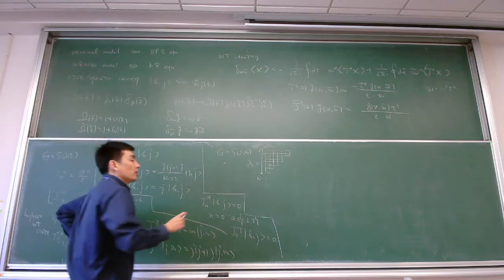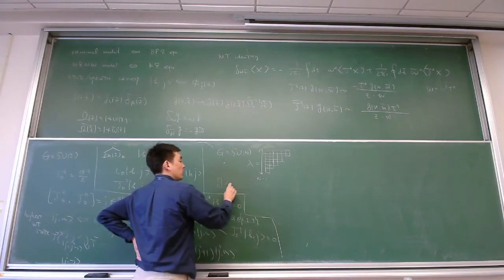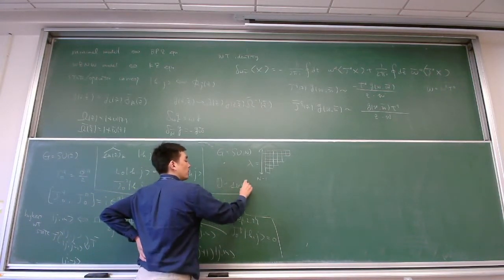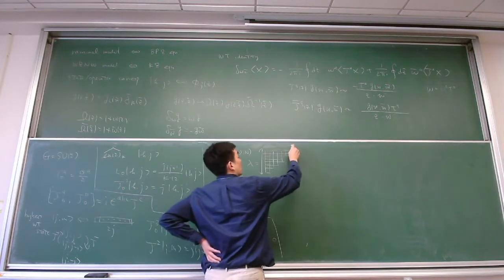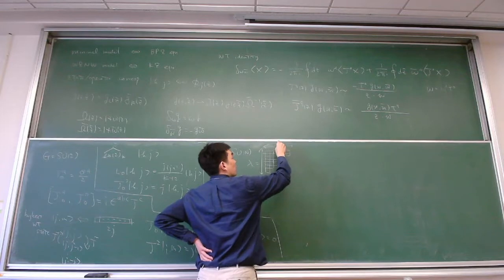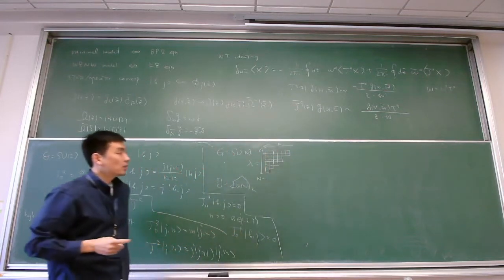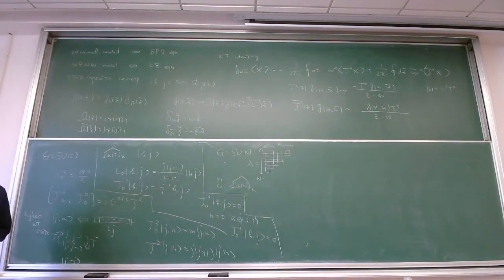And if you restrict to G equal to SU(N) hat at level K, the width also has to be at most K. So those are the representations you can have.